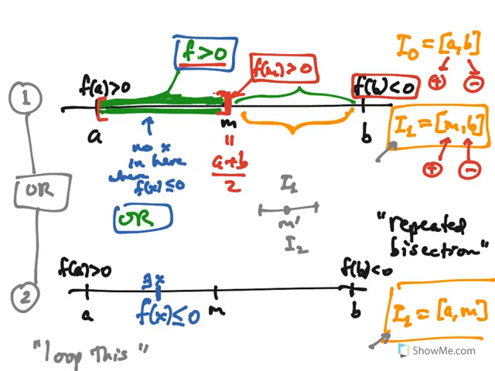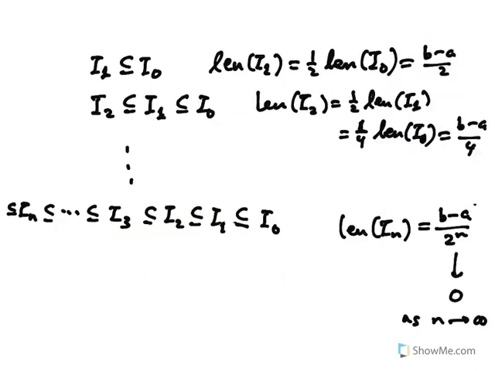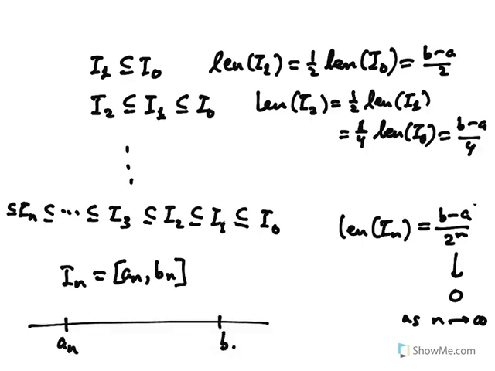Now, I claim that these intervals must be closing down on a single point. In the sense that, if I write the nth one of these intervals as an to bn, in other words, call the left-hand endpoint of the nth interval an, and the right-hand endpoint of that same interval bn. Well, the nesting means that the next interval is just one of the two halves.